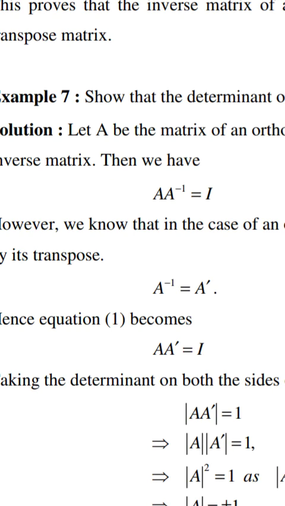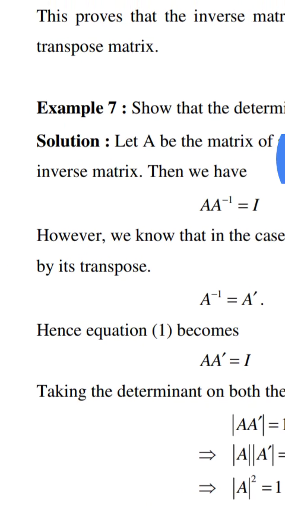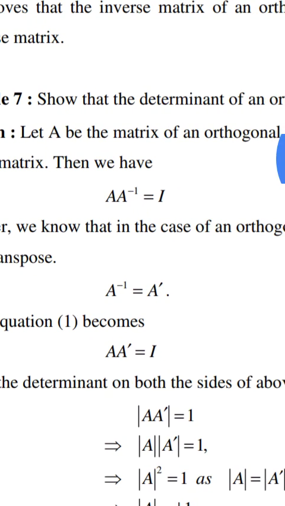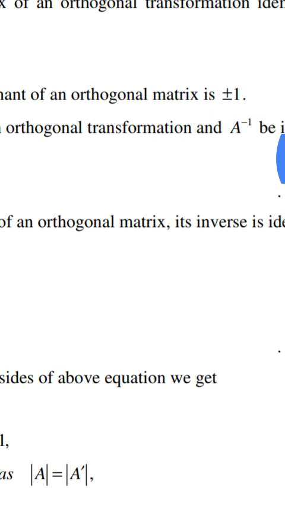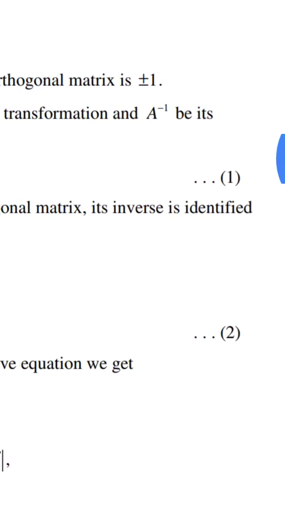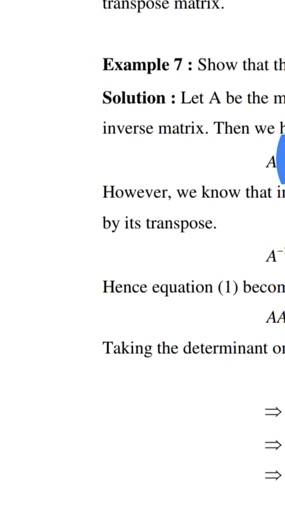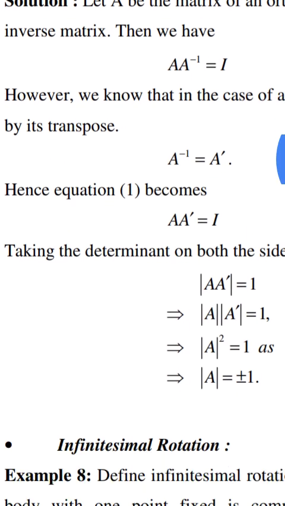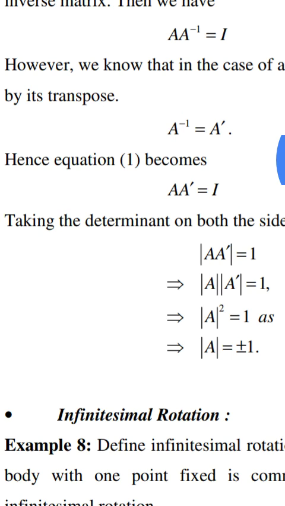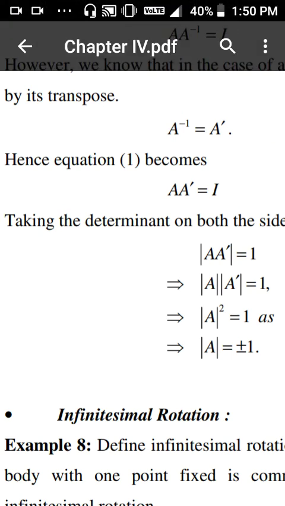Then we have A into A inverse is equal to I. However, we know that in the case of an orthogonal transformation, its inverse is identified by its transpose, A inverse is equal to A transpose. Hence, equation 1 becomes A multiplied by A transpose is equal to I.